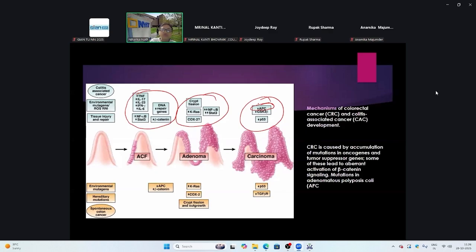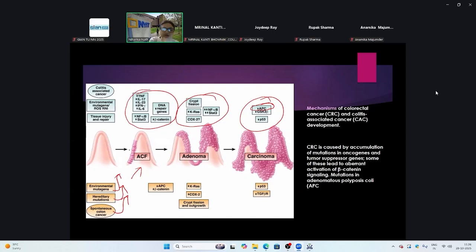There's a mutation. With all of these acquired mutagens, some hereditary, maybe there's an APC mutation, and then there are some more spontaneous genetic defects, the first sign is that the crypt has become abnormal.